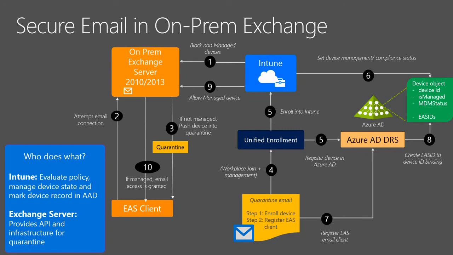But we had to work with our enterprise customers because there's an active need today to make sure that you can manage and do the same kind of conditional access. So we in Intune worked with the Exchange team to make sure that we can still give you the conditional access experience. The workflow is slightly different, but not very different from what you saw in the demo. This is just a high-level architecture of how that access works.